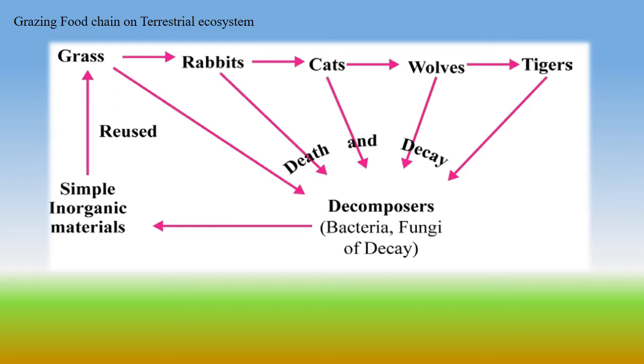Rabbit is eaten by cat, that is a secondary consumer, which in turn is eaten by the wolf, that is a tertiary consumer. Both cats and wolves will be consumed by the tiger and other big carnivores, known as quaternary consumers. Then finally, when all these organisms die, they become food for the bacteria and fungi to produce simple organic matter for reuse by the producers.